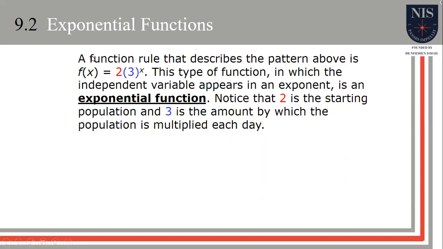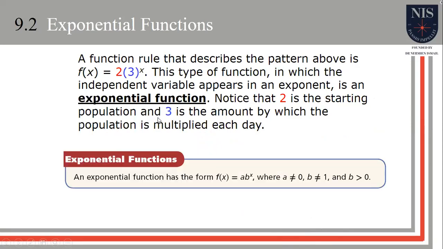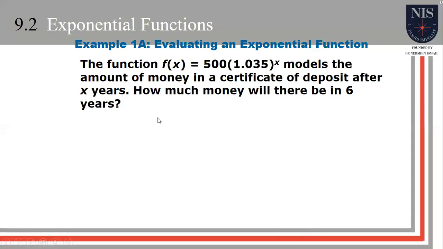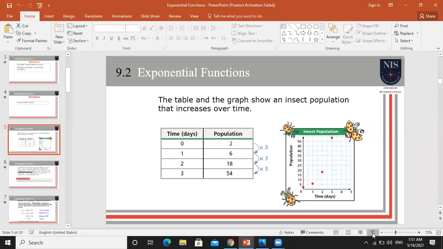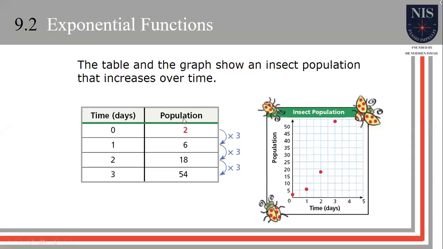Then a function rule that describes the pattern above is f of x equals, this relation in exponential form, and we have to care about a1. Which one is a1 in this question? Which one is a1?